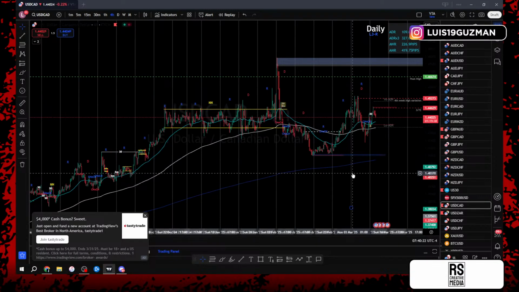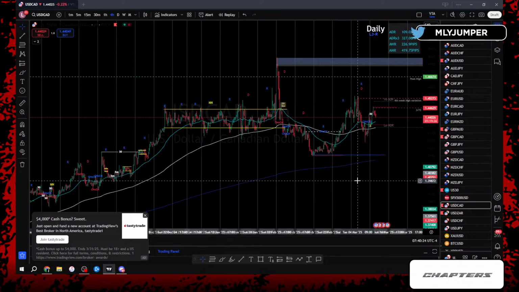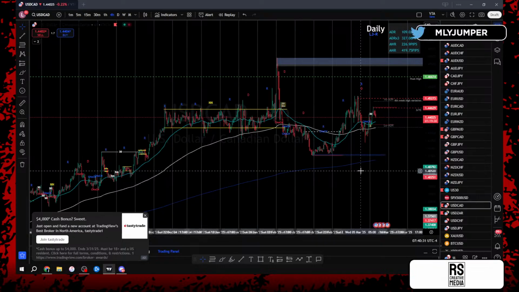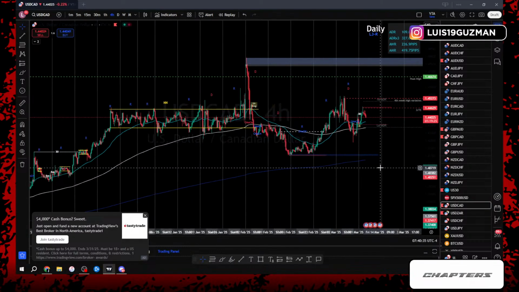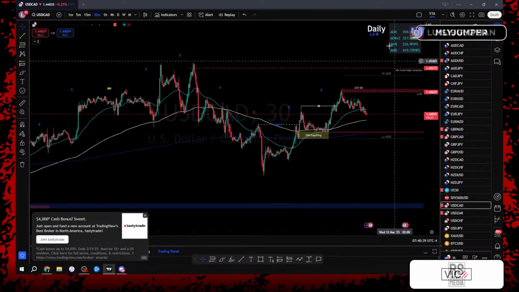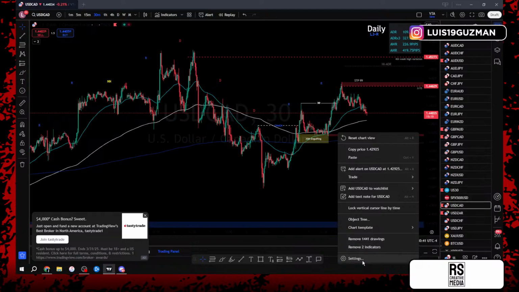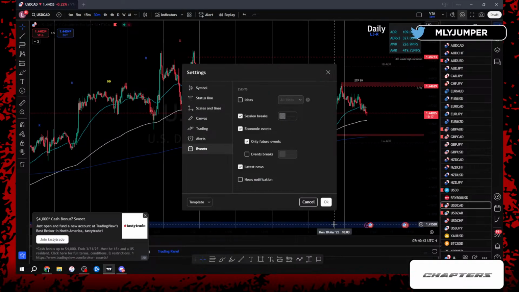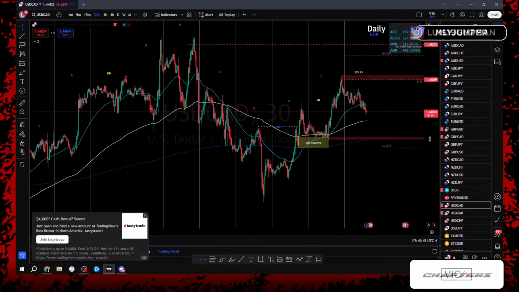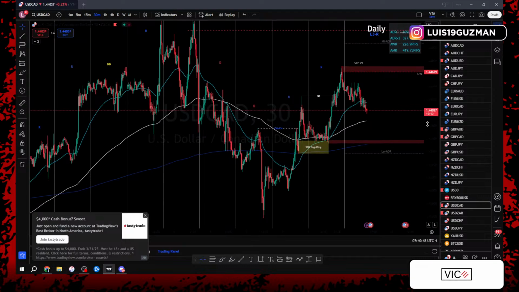This is where we're supposed to be looking for price to give us either a head and shoulders, a double top, or a zone of consolidation before we start the downtrend push. So right now the market makers are making inducements. The fact that we already have such a steep pullback is already letting us know that price is most likely not going to give us that third push to the top side.